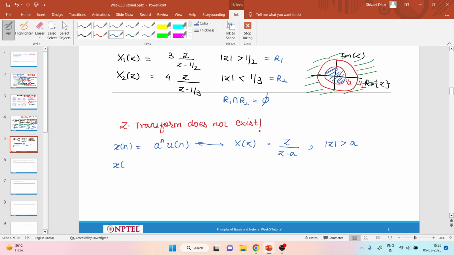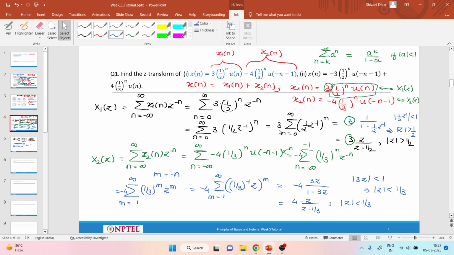And if I have x of n as minus a power n u of minus n minus 1, this also we have seen. So this x2 of n was of the form that we have some constant, minus 1 by 3 power n u of minus n minus 1, and if we observe again here, this constant remains as it is, and the z transform is z upon z minus a, and the region of convergence is magnitude of z less than 1 by 3, that is magnitude of a.